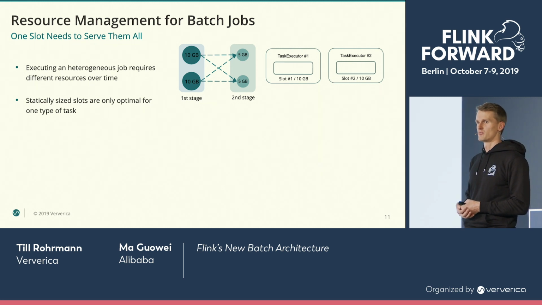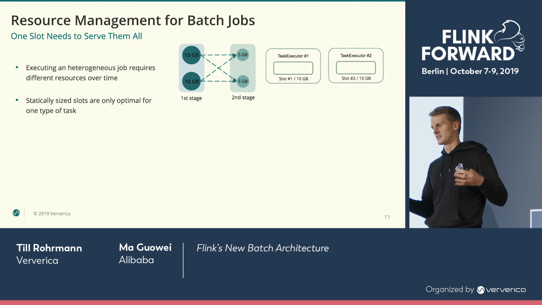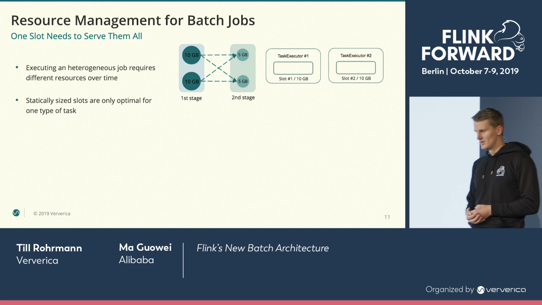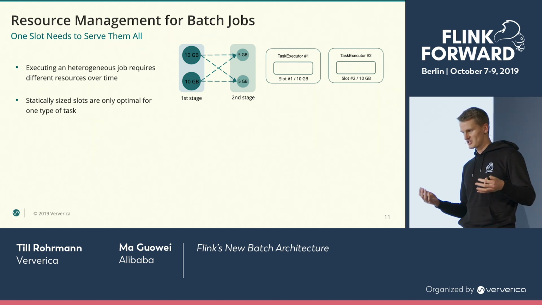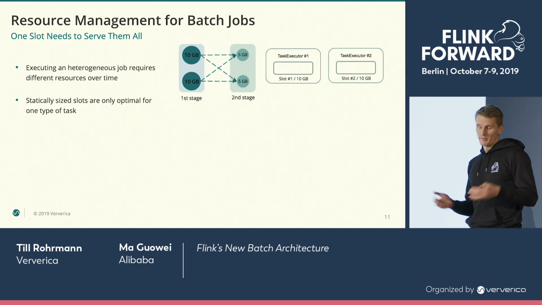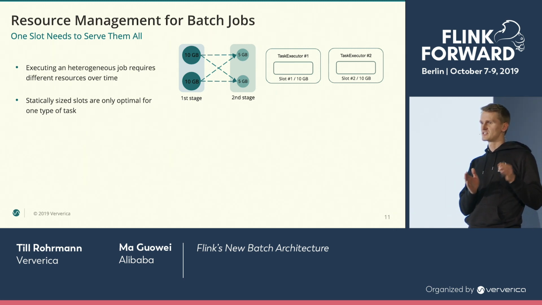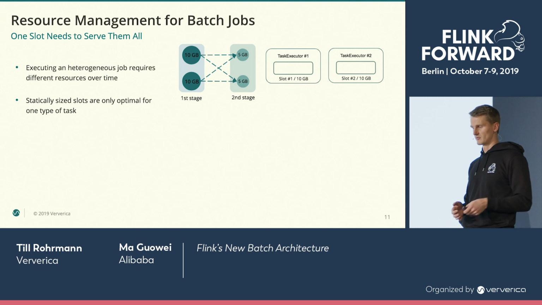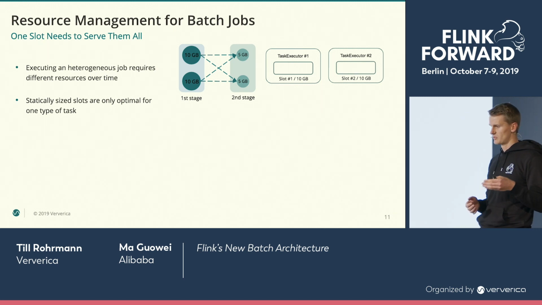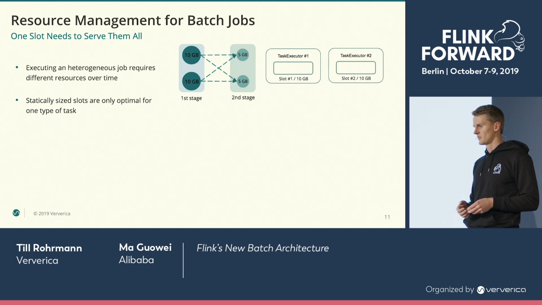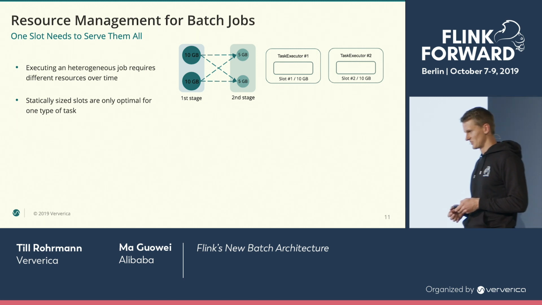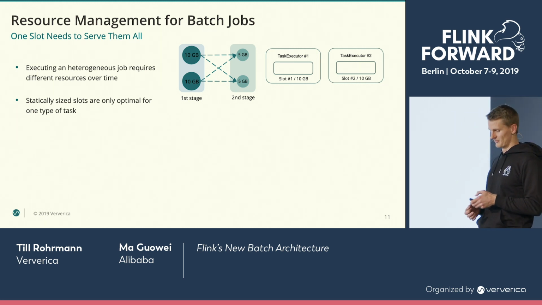Now let's look at another problem you face when executing batch jobs. A batch job usually consists of different stages, where every stage can have different resource requirements. And if you have such a job with heterogeneous resource requirements, you soon face a problem.